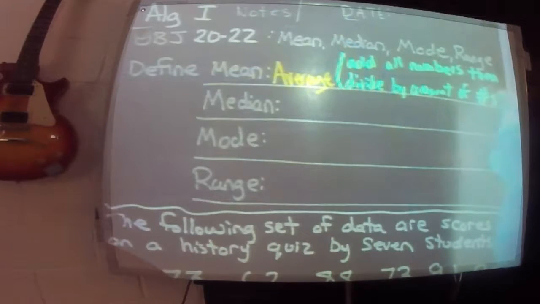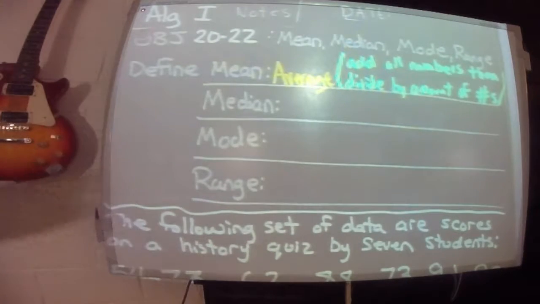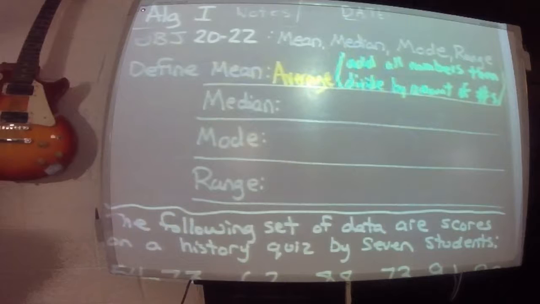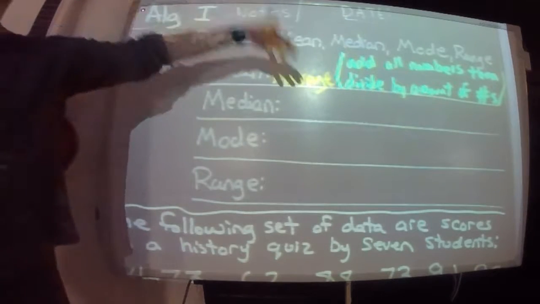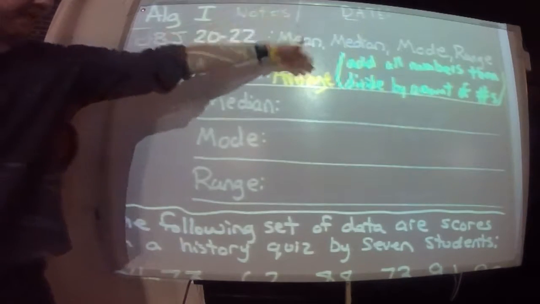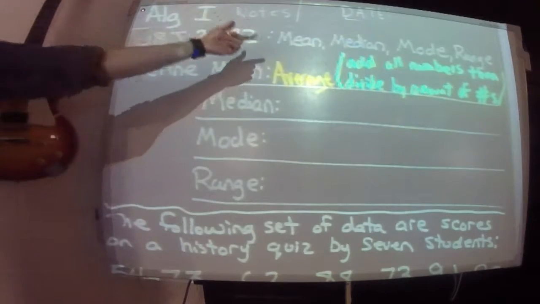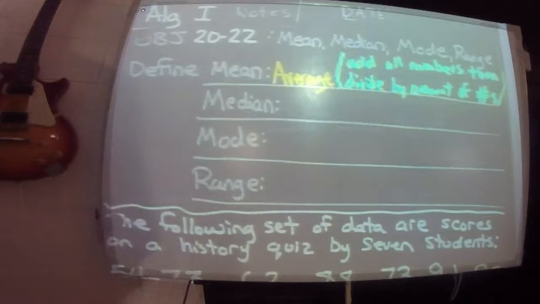Add all the numbers together. You're doing it on your calculator, add them all up, hit enter, and then divide by however many numbers you had. That's what the average is, and the mean and the average, those words are interchangeable. So if I say, what's the mean of this? It means what's the average of this. Add them all up, divide by the amount of numbers.